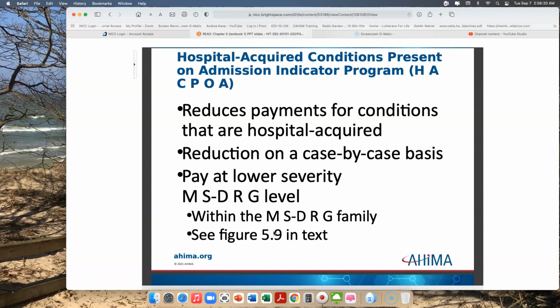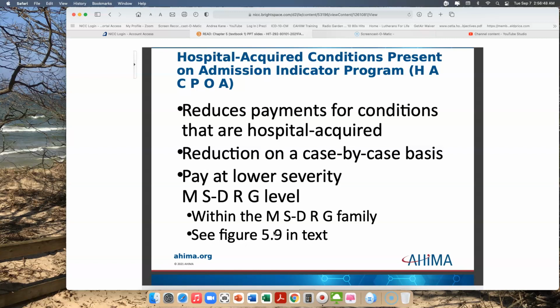So if you work for an inpatient hospital, and you're coding every diagnosis that you put on an inpatient claim, you have to have a present on admission indicator. It has to say whether or not it was present on admission, not present on admission, unknown, unable to determine, those types of things. Hopefully it's always present on admission, but there are things that do come up.